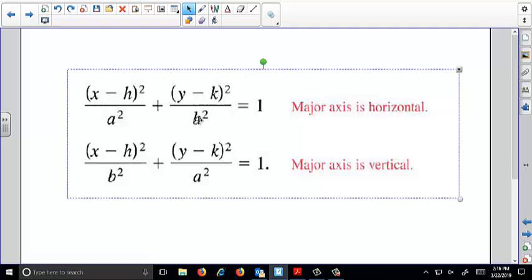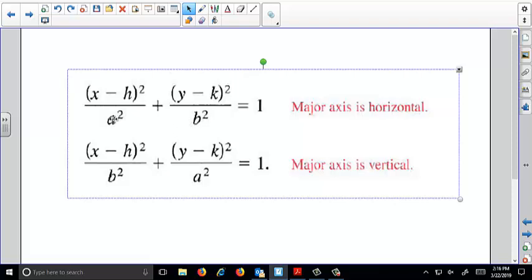B is half the length of the minor axis. And then if you wanted to plot the focus points, you don't really need those to make a decent plot of an ellipse, but you could find the focus points by taking a squared minus b squared and taking the square root.